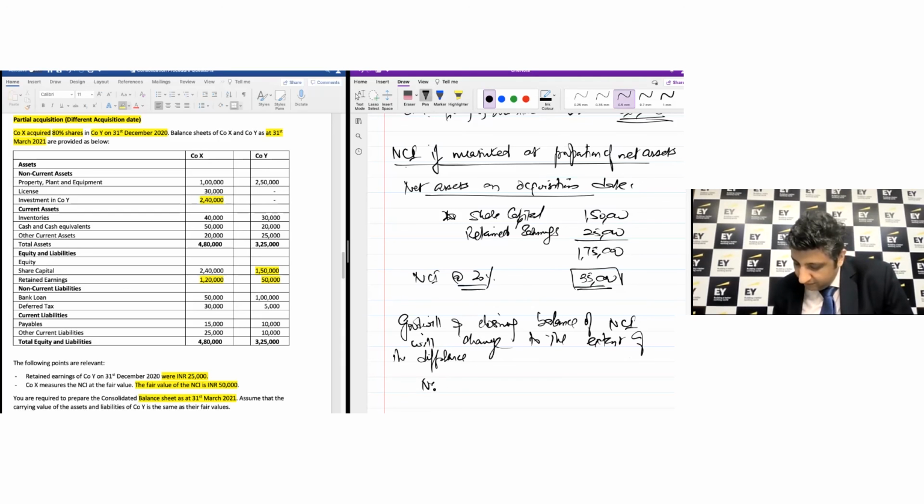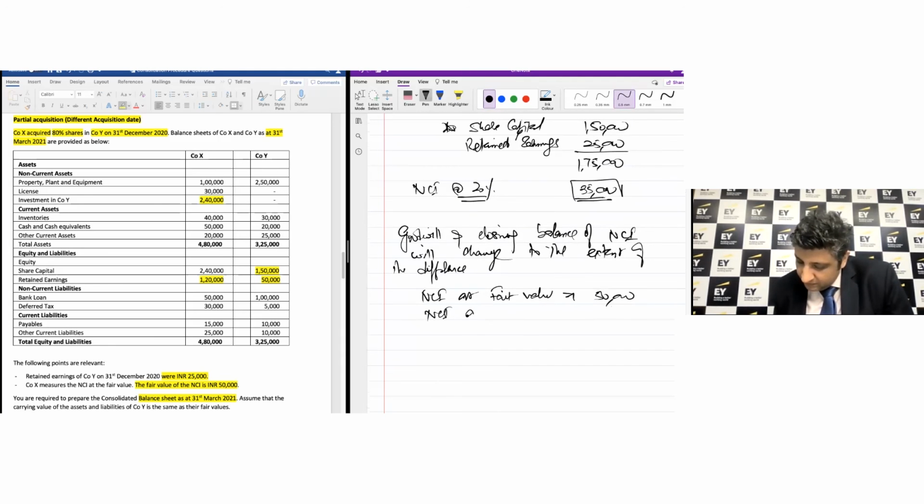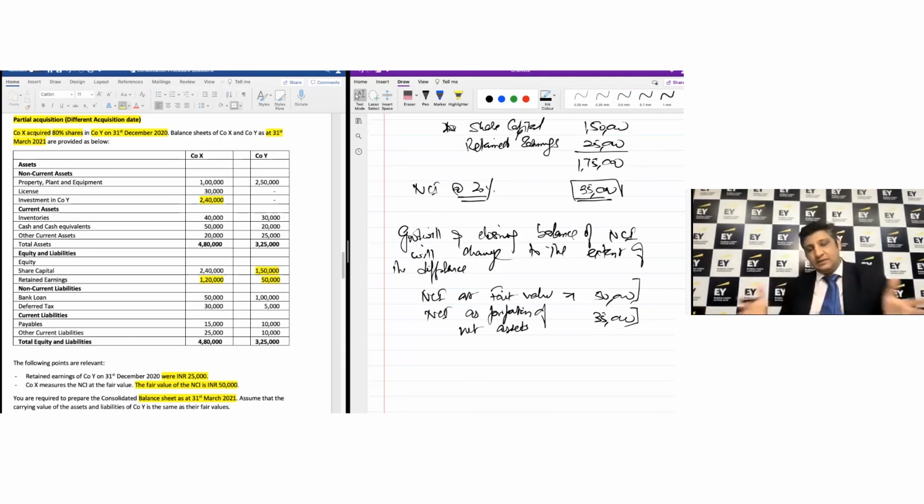Of course, we remember NCI at fair value is provided at 50,000, but NCI as proportion of net assets is measured at 35,000. So this would create, to that extent of the difference, it would create the difference in the value of the goodwill. And of course, the closing balance of NCI would also change to that effect there, right? That's how you start looking at the change in the answer.